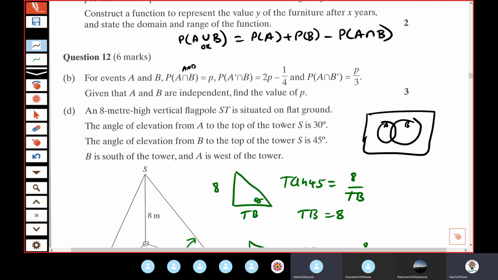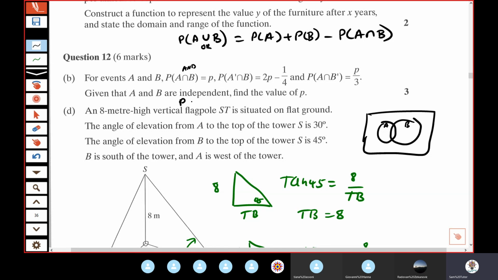When it says independent, doesn't it mean it's two separate circles? Independent means they're mutually exclusive. Yeah. So that means there's no intersection. Oh, yeah, I see what you're saying. That means they're by themselves.